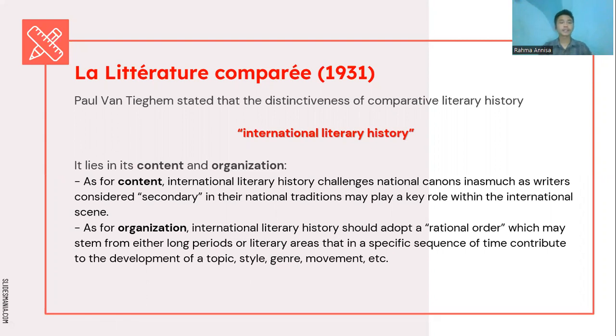As for content, international literary history challenges national canons in as much as writers considered secondary in their national tradition may play a key role within the international sense. And the second one, organization. As for organization, international literary history shall adopt a rational order which may stem from either long periods or literary areas that in a specific sequence of time contribute to the development of a topic, style, genre, movement, and so on.